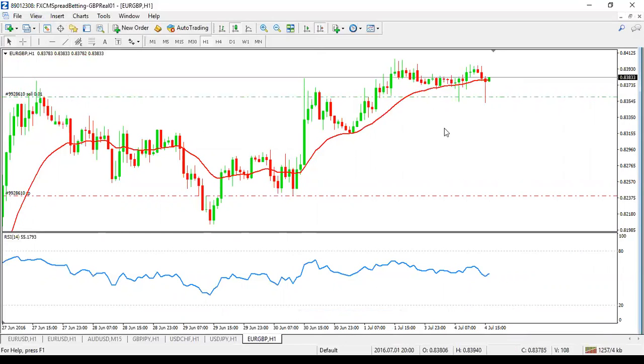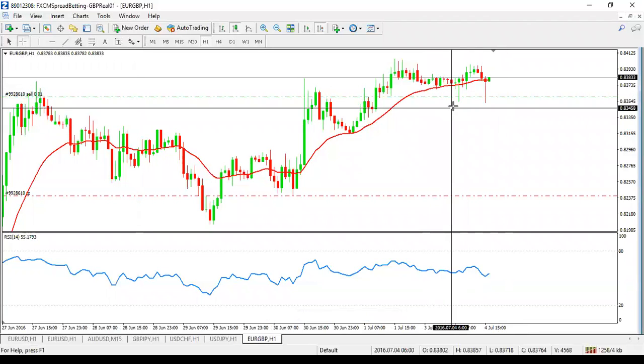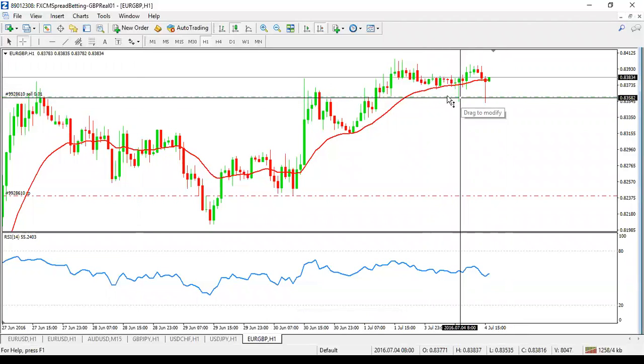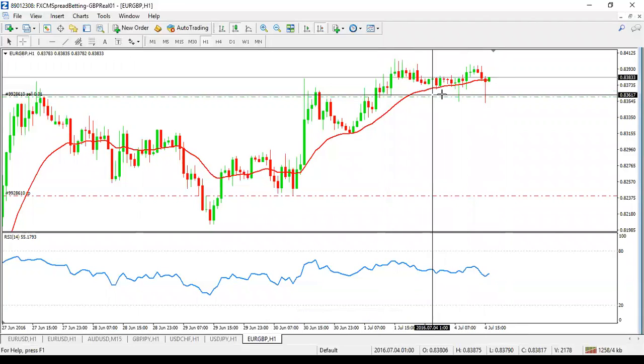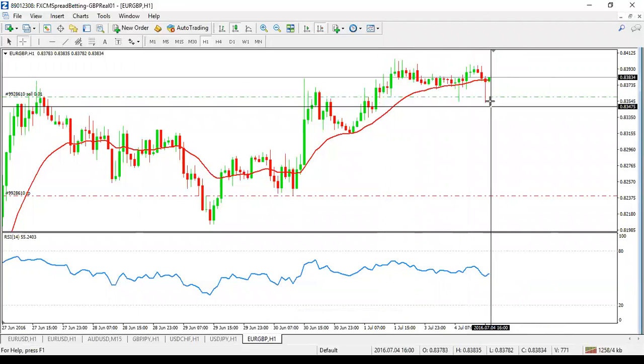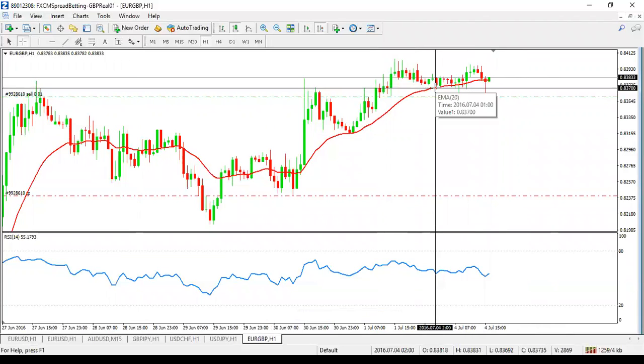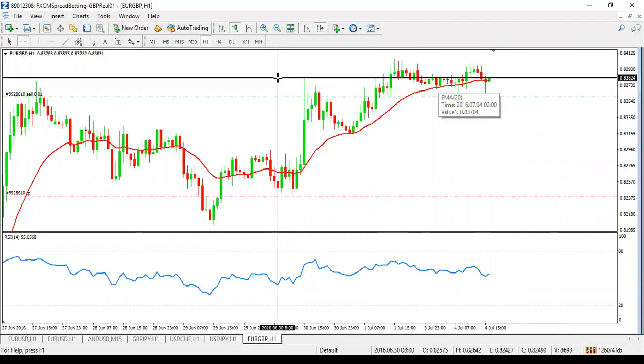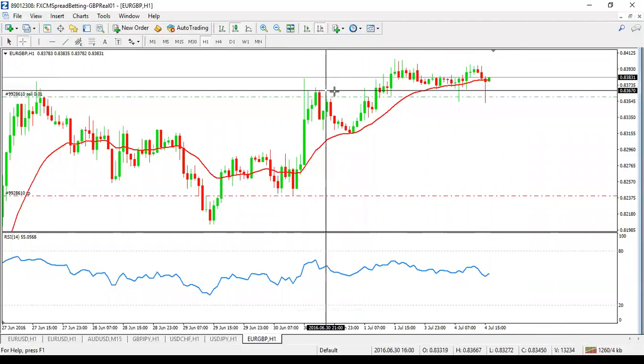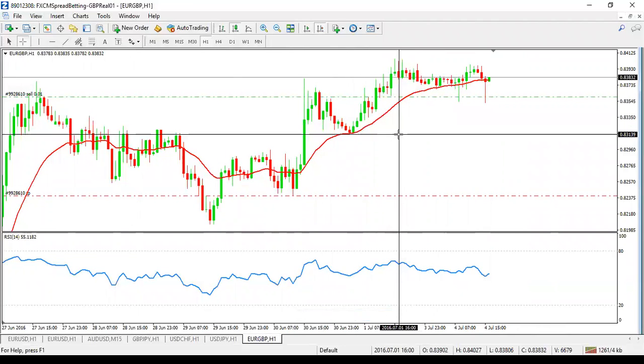below this resistance here. I could have gone below here. I didn't. I'm going to go below this bit here, just stay out of all this choppy noise. I won't worry about these 2 wicks too much. You want to look at the main bulk of the actual trade. It's below this resistance here, so if it breaks it, it's not going to keep on going.